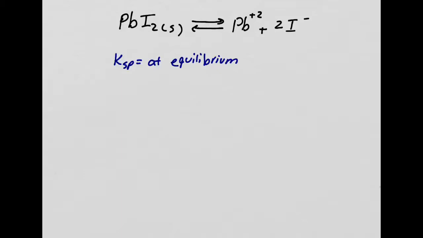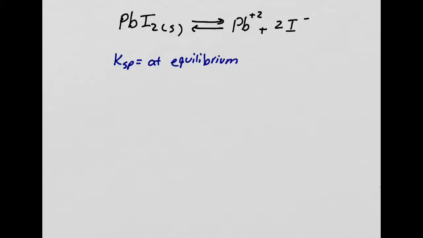So I want to repeat this one more time to make sure we're on the same page. So Ksp means you are at equilibrium, right? The max that can dissolve, it has dissolved. You have a saturated solution. You have dissolved the max amount you can do. For example, for lead 2 iodide, if I add any more, I'm just going to have precipitate in the solution because I cannot dissolve any more.